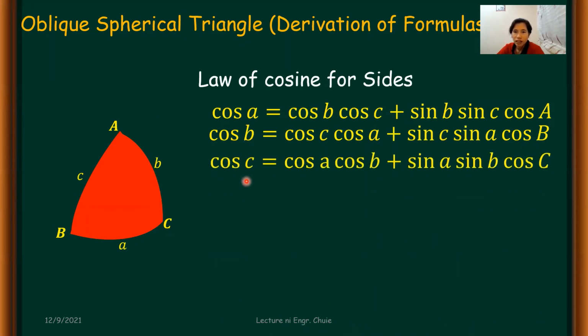Similarly for cosine C, as long as you have the values of A and B, use cosine A cosine B plus sine A sine B cosine of the angle C. We also have separate law of cosine formulas for the angles. So what if we are given the angles and we are looking for the angle?